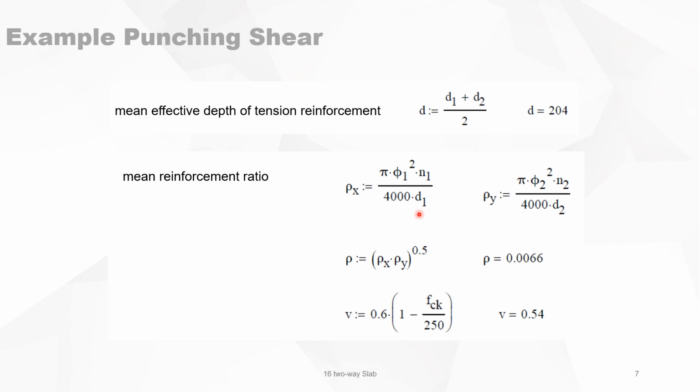And then we have the reinforcement ratio in the Y direction, also with the effective depth of the Y direction. Then we take the mean of it, but it's a geometric mean, so it's the square root of the multiplication of the two, and that's the mean reinforcement ratio. That's the nu factor, it's 0.54.